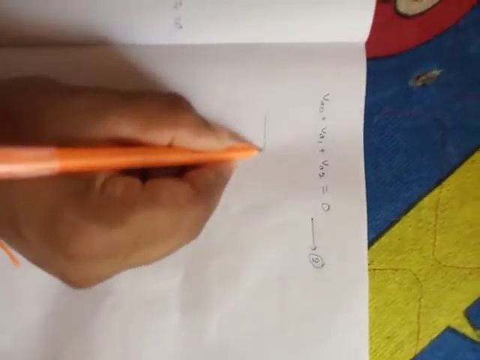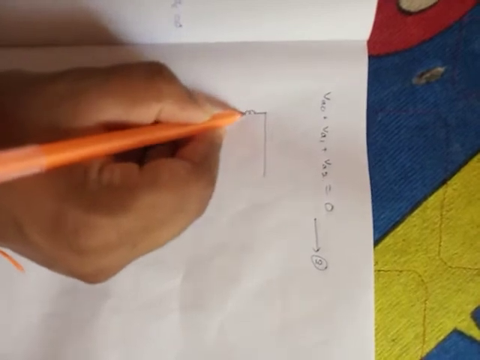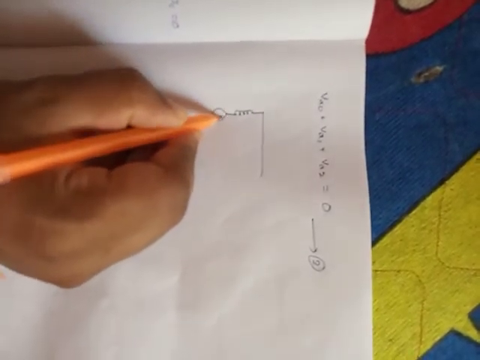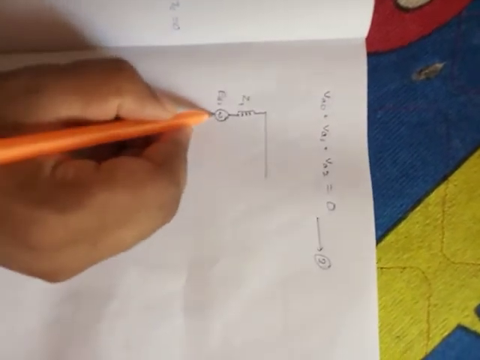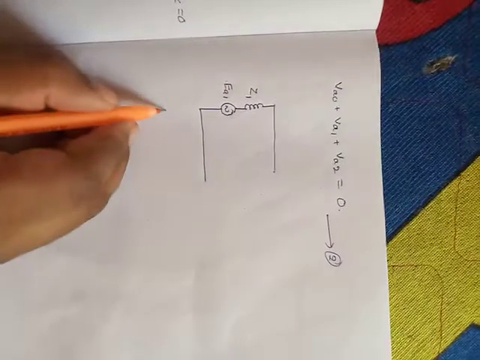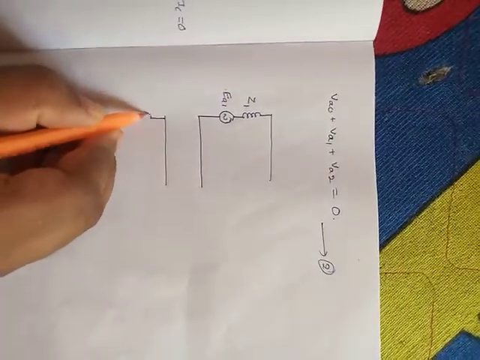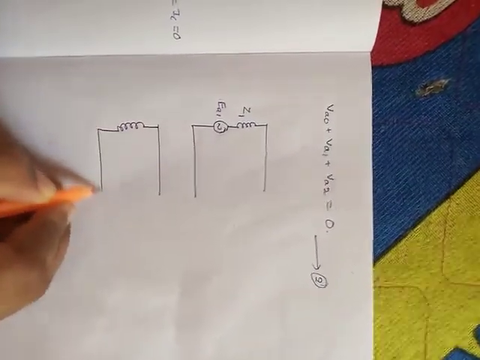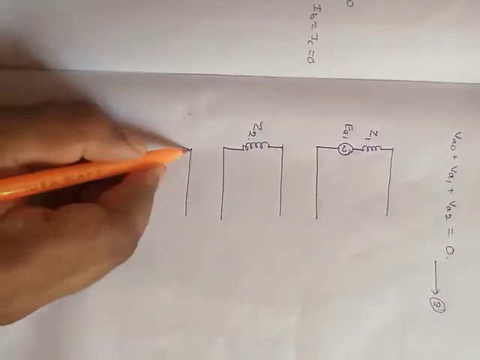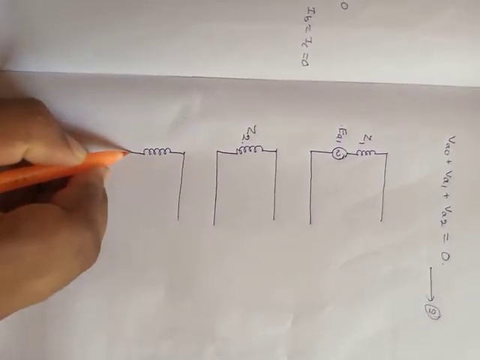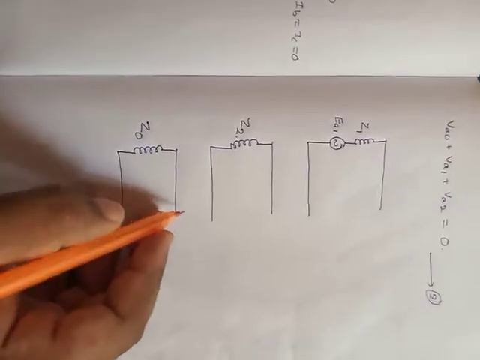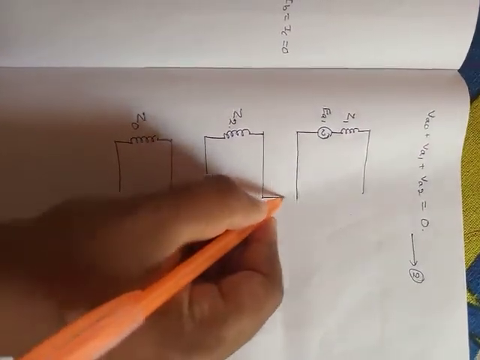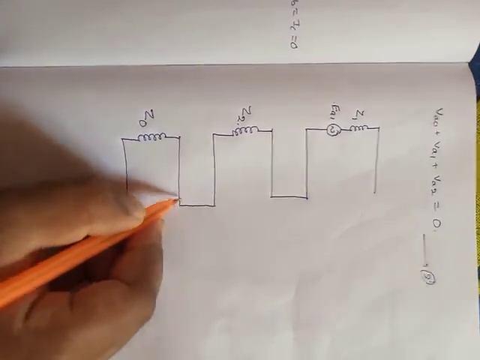For the positive sequence, we know that the voltage source exists only in the positive sequence. So we draw the positive sequence network with its impedance. For the negative sequence network, there exists only impedance, no voltage source. For the zero sequence network also, only impedance, no voltage source. From equation 1, we can say that these three networks are in series because the currents are equal.